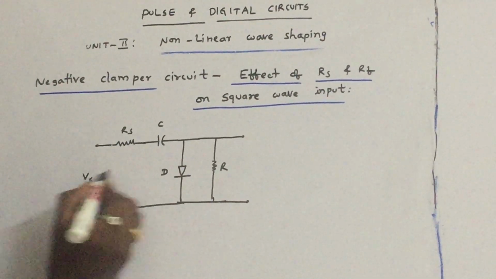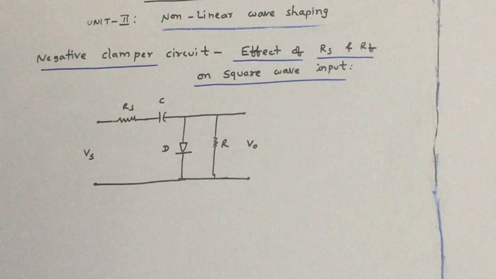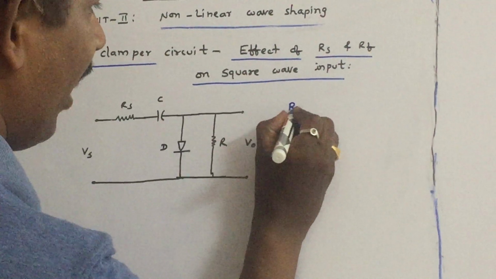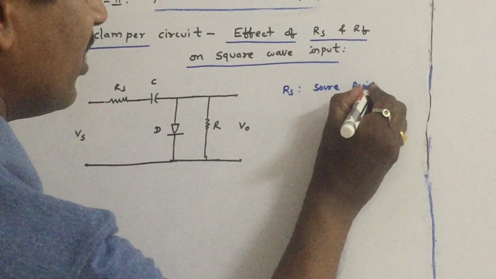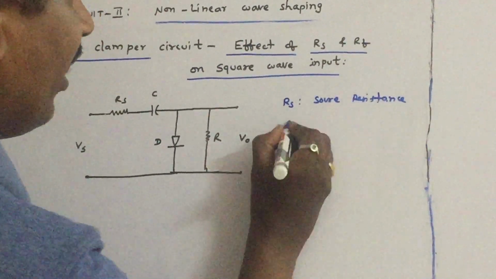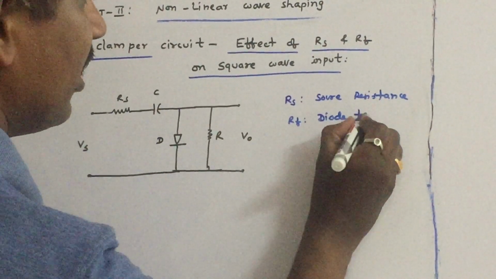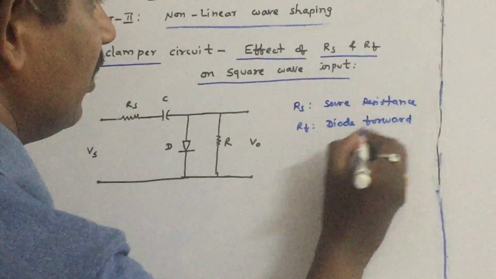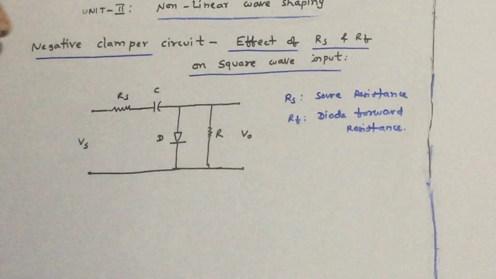Let us say Vs is the input to the circuit, V0 is the output of the circuit. Here RS is the source resistance, and RF is the diode forward resistance, that is, when the diode is in on condition. So that is what we are considering here.